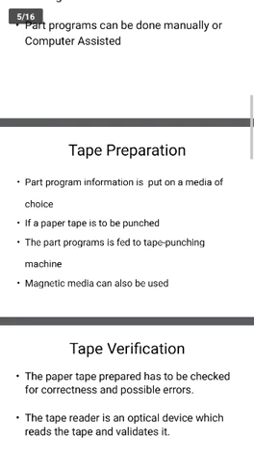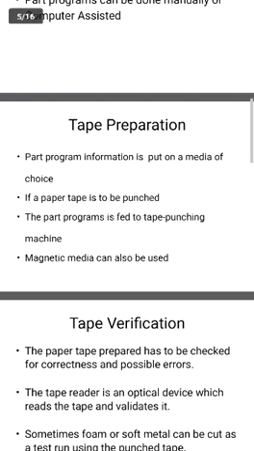Next, tape preparation. What is tape preparation? Part programming information is put on the media of choice. If a paper tape is to be punched, the part program is fed to a tape punching machine. Magnetic media can also be used. After the punched tape has been prepared, tape preparation means a tape having holes, to which we'll store the data.